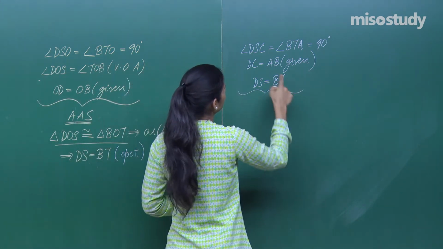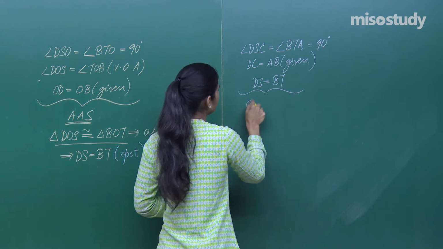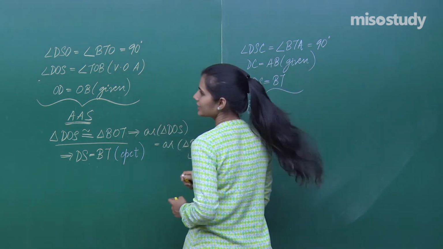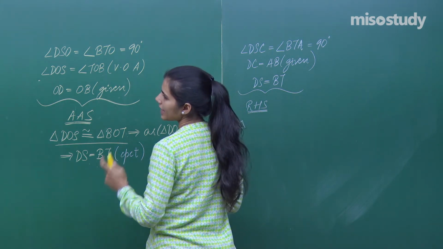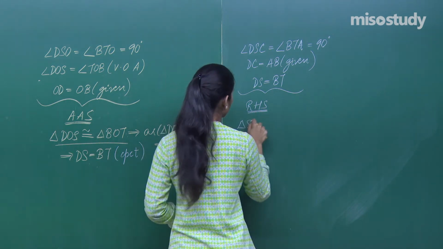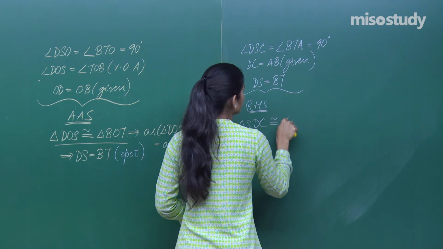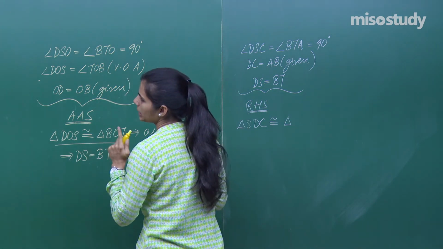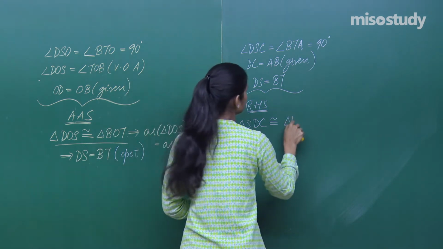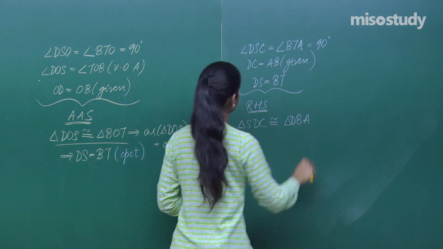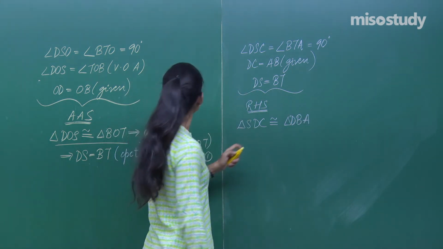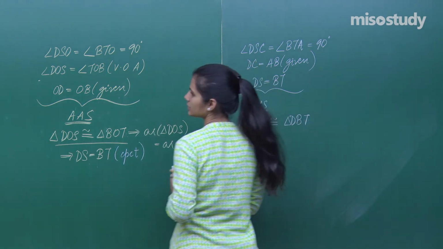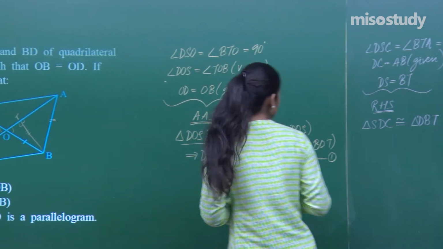Therefore, right angle hypotenuse side by RHS congruence condition, which triangle is congruent to which triangle? Triangle SDC is congruent to triangle ABT.